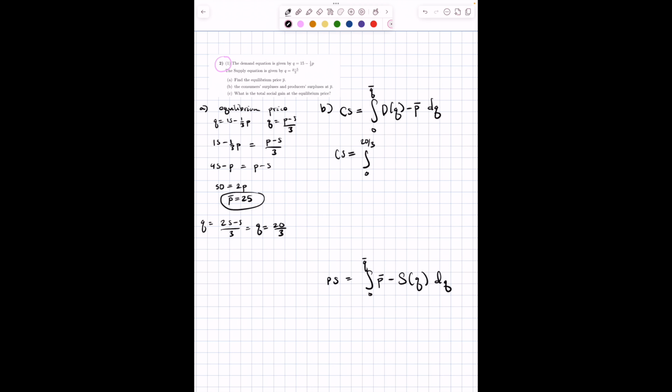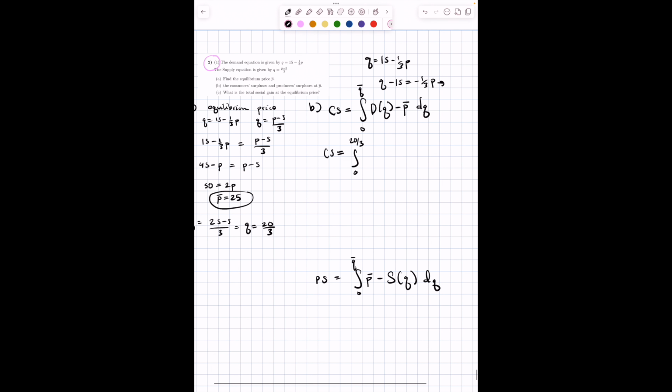I have Q is equal to 15 minus 1/3 P, so I need to solve for P. Q minus 15 is equal to negative 1/3 P. This means that P is equal to, I need to multiply by -3, so -3Q plus 45. I'll do -3Q plus 45 minus P bar, which is 25, dq.